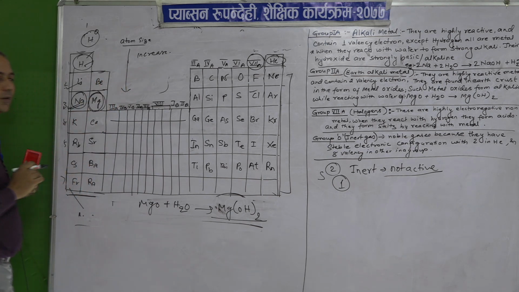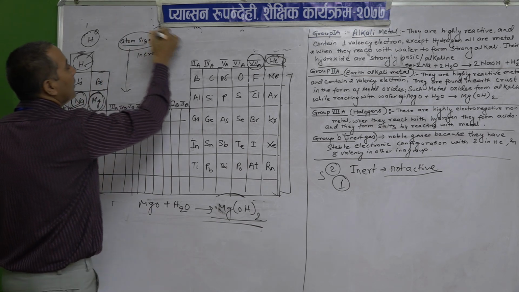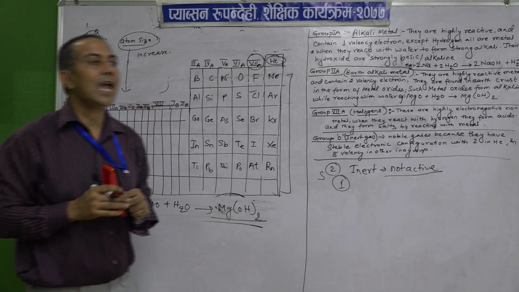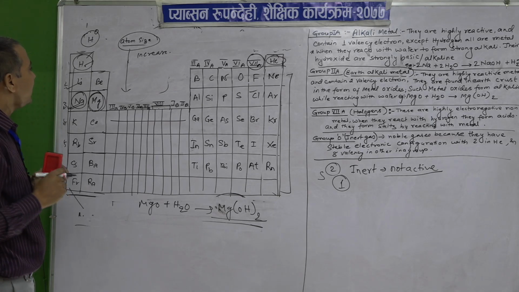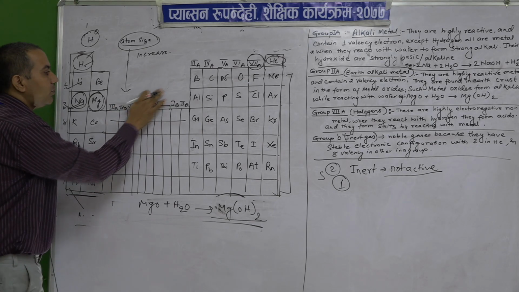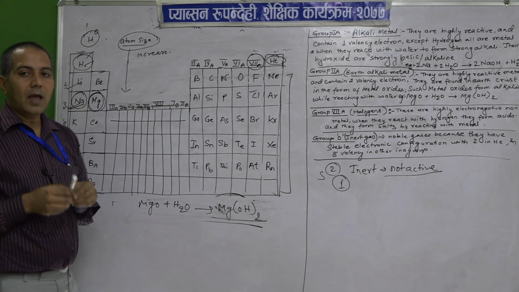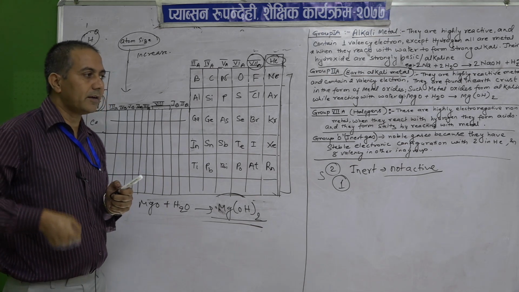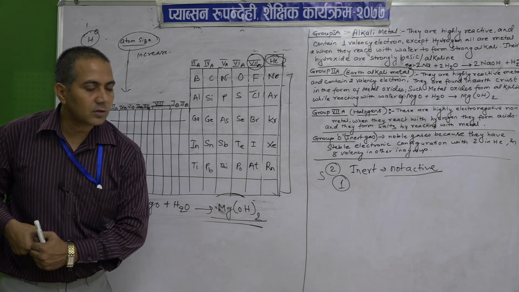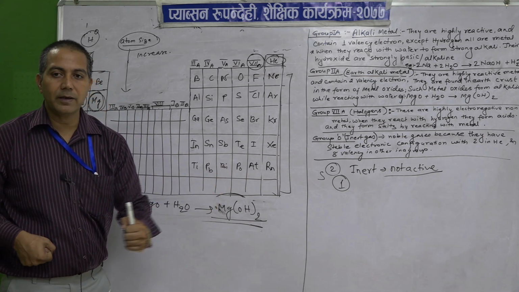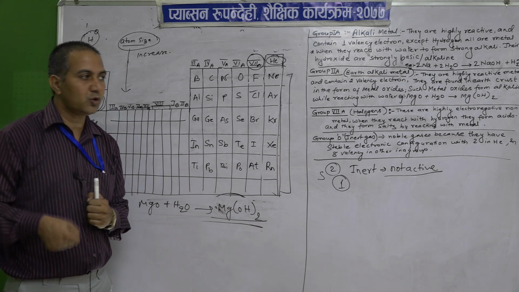Now comes the reactivity. What happens to the reactivity? It is related with the atomic size. Reactivity means the capacity to combine with other atoms. Let us take one example. Suppose I am holding a bucket of water like this. If anyone wants to pull my bucket, how much energy will there be in my hand to hold that bucket?